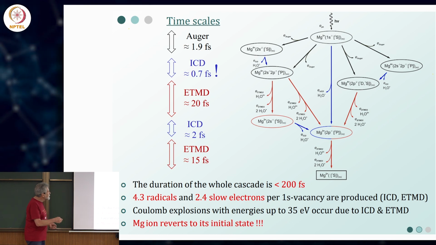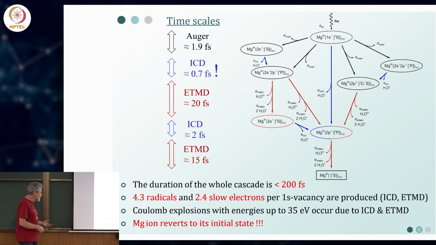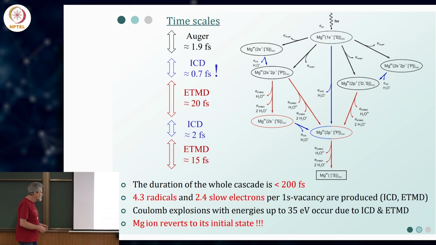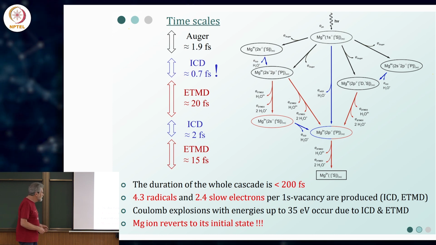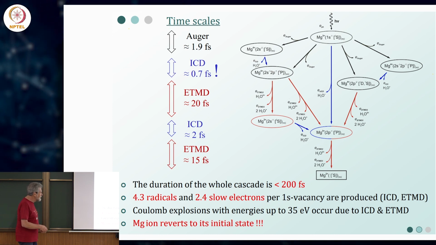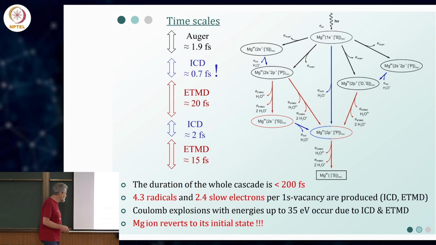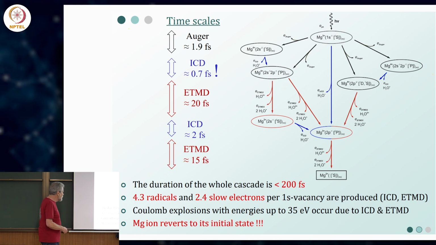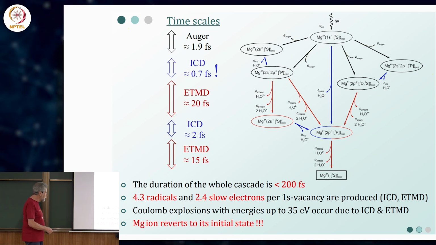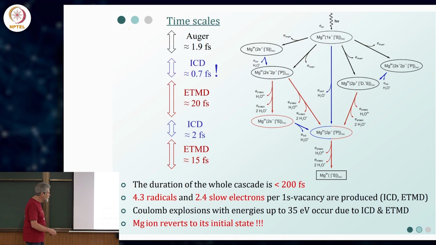Now, so every photon leads to a full cascade, as you have seen, which is finished very fast. The lifetimes are much faster, but this is the estimate where really the process is over. On average, you produce 4.3 radicals and 2.4 slow electrons.